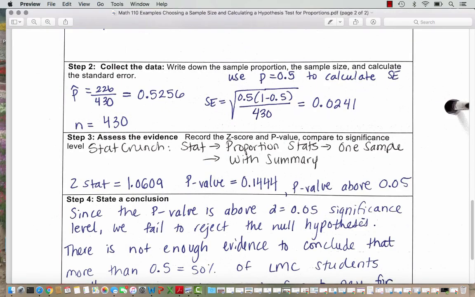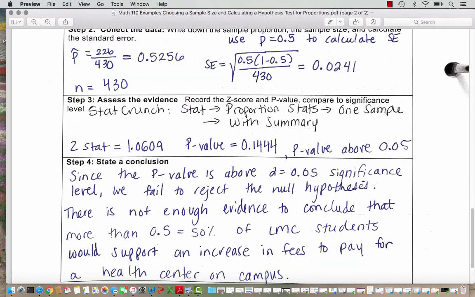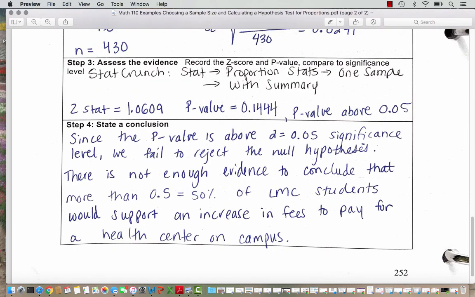All right, so here in step 3, I've recorded my values from StatCrunch, my z-stat, my p-value, and then I put a note that my p-value is above 0.05. So now it's time to write our conclusion. Since the p-value is above alpha equals 0.05 significance level, we fail to reject the null hypothesis.